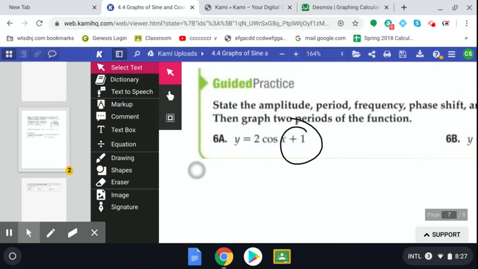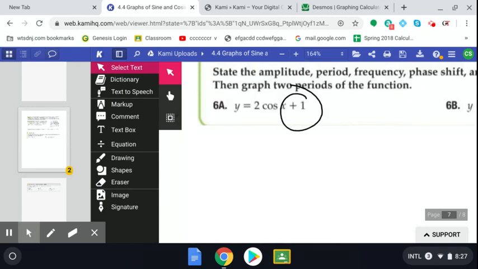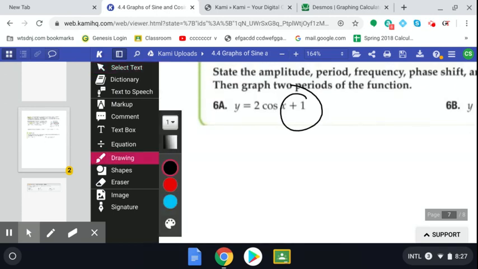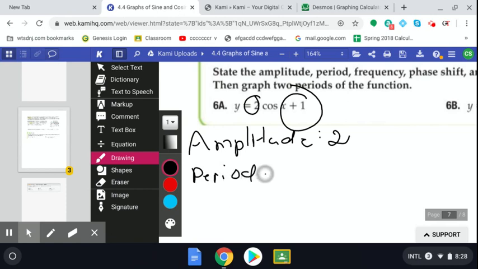And then you're supposed to graph. So let's just list the characteristics first. So the amplitude in this one would be the number in front. It would be 2.